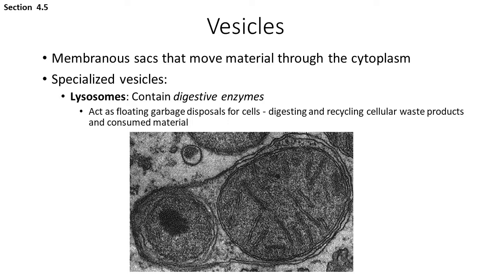We have vesicles that are pinched off from the rough endoplasmic reticulum that will then fuse with the Golgi apparatus, and vesicles that will be pinched off from the Golgi apparatus.